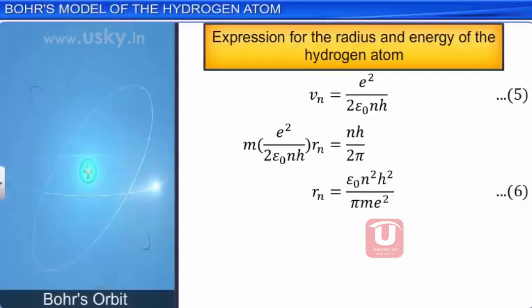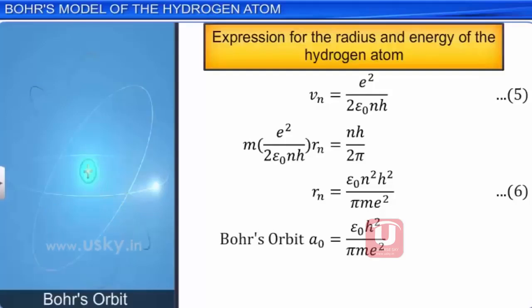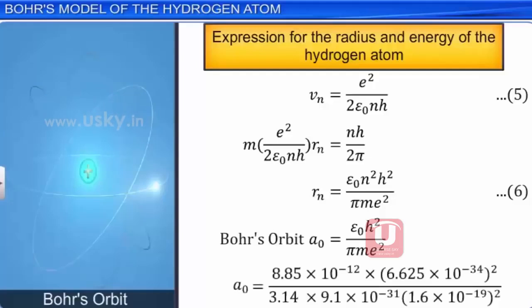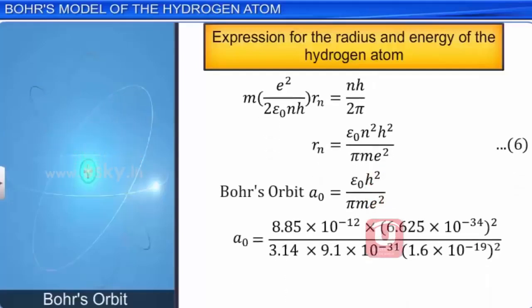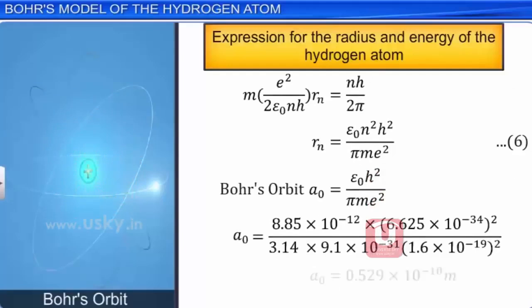Substituting the value of Planck's constant h, epsilon naught, and the magnitude of the charge of the electron e, and simplifying, we get a0 is equal to 0.529 × 10^-10 meter, which is equal to 0.529 angstrom. From equation 6, it is clear that the radii of orbits are directly proportional to n square.